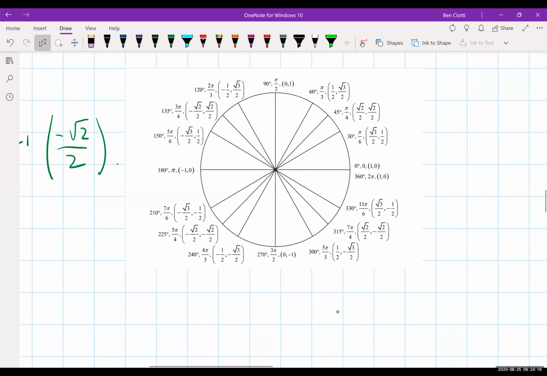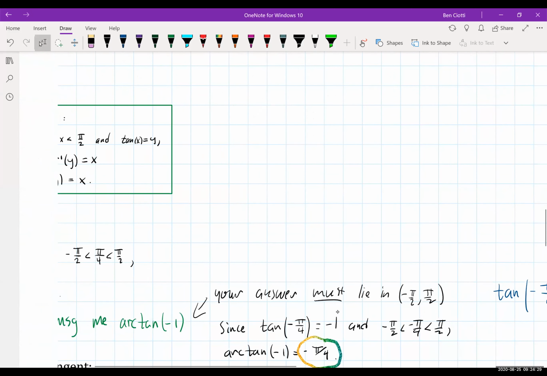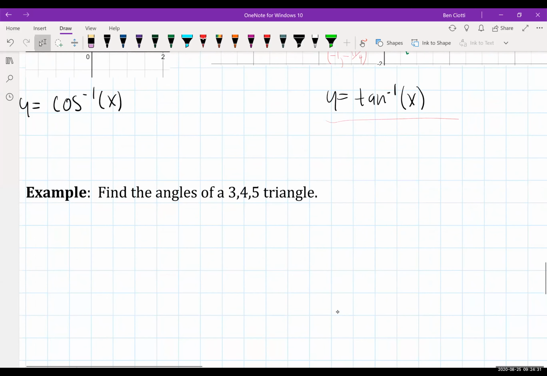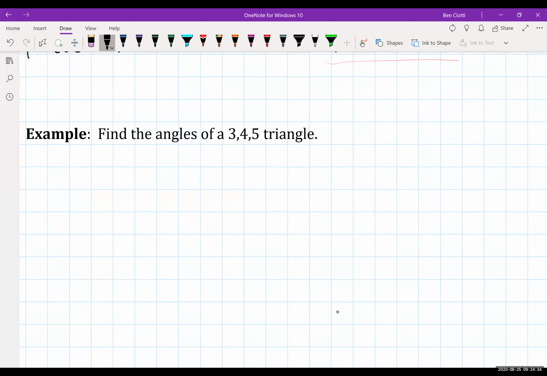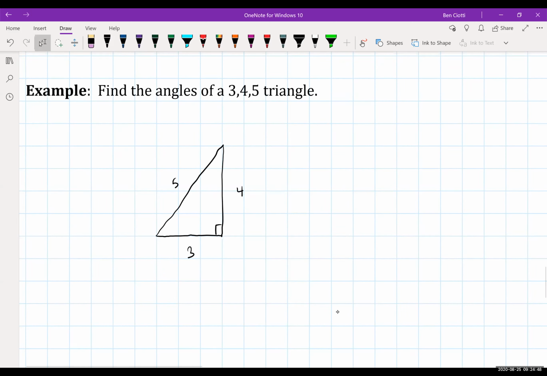So the 3, 4, 5 triangle does not correspond to any point on the unit circle. So in order to do this next example, which is to find the angles in a 3, 4, 5 triangle, we're going to have to use a calculator. Here's a 3, 4, 5 triangle, and let's give a name to this angle and call it theta.